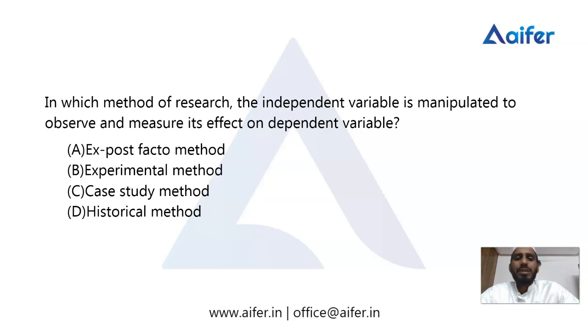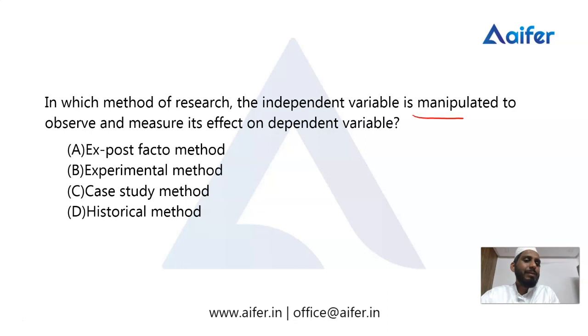In which method of research is the independent variable manipulated to observe and measure its effect on the dependent variable? While answering questions from the UGC NET exam, you should focus on key terms in the question. Here, what are the key terms? In which method of research the independent variable is manipulated.